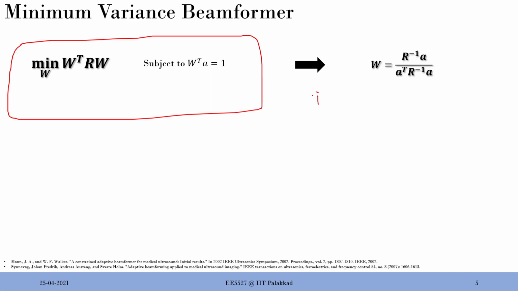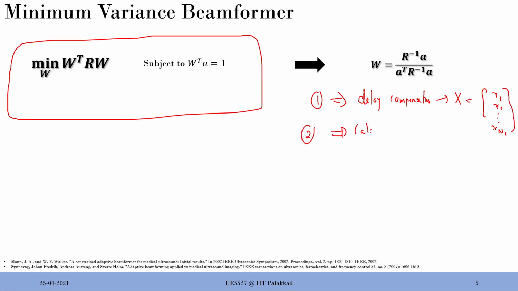So first step, of course, is delay compensation, right? So this will give me X, that capital X. Don't forget it is actually x1, x2, etc., xnc. Okay, and then the second step is to calculate the covariance matrix.